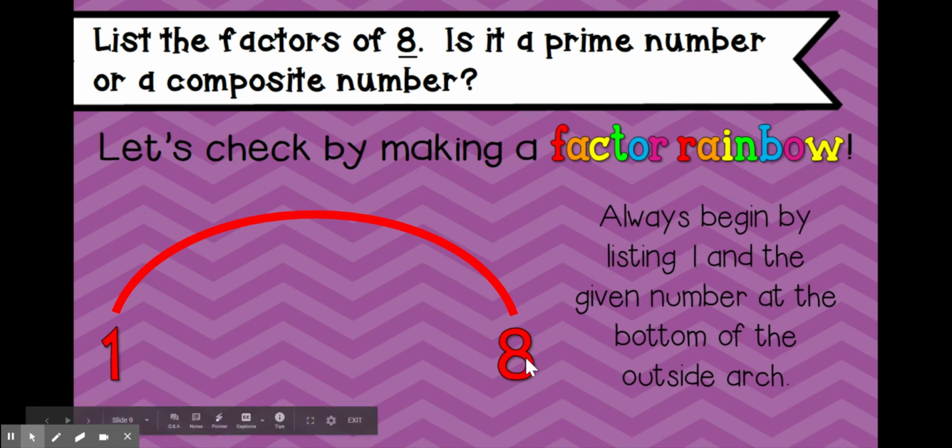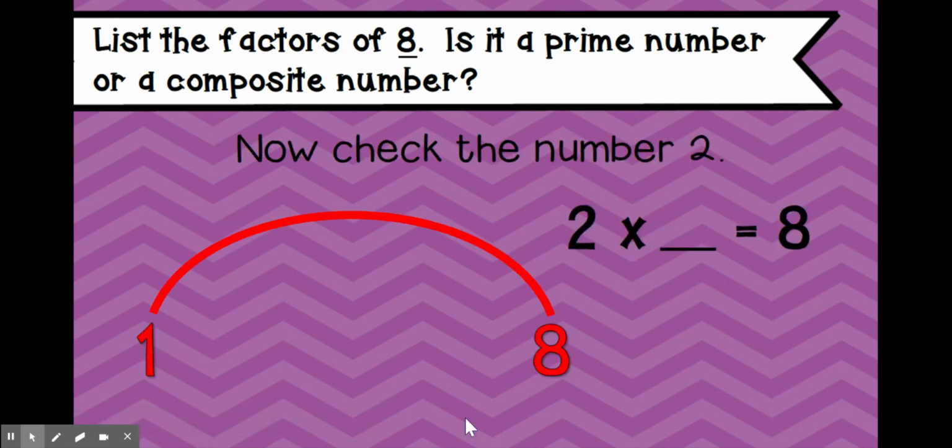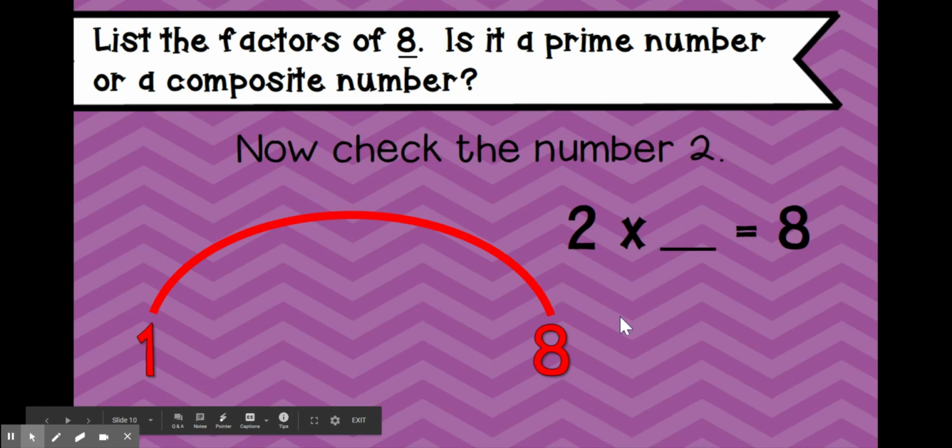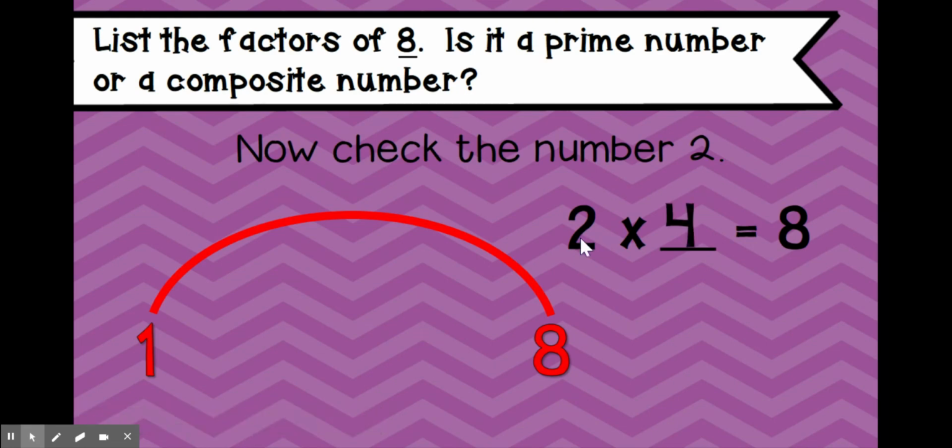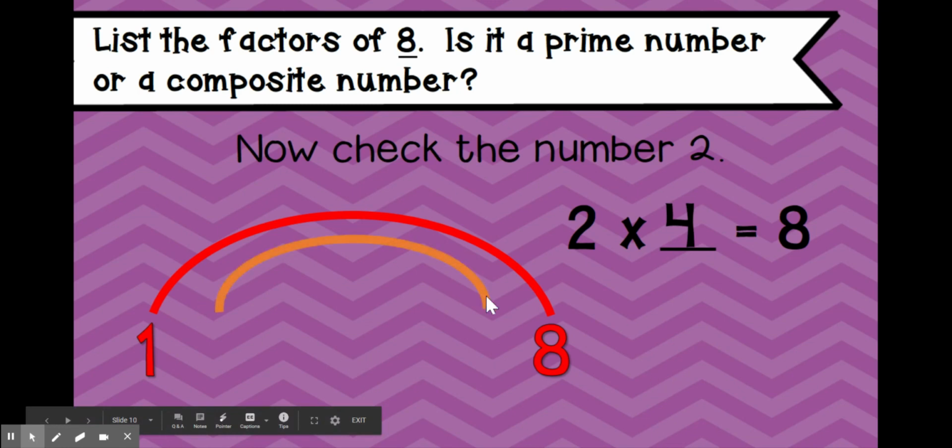So 1 times 8 will equal 8. Can you think of another factor? How about 2 times what would equal 8? 2 times 4 will equal 8. So if we put another arch, 2 and 4 are also factors of 8.